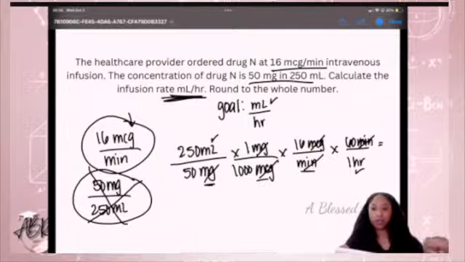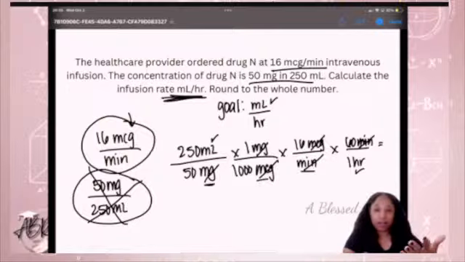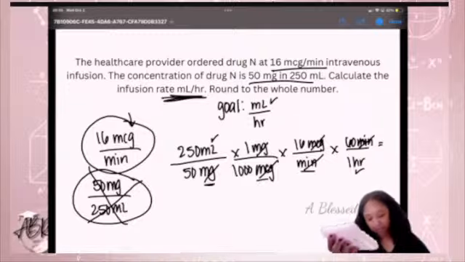It's a big number, right? Boom, all those zeros. All right, and then I'm going to hit divide. So divide 50, divide 1,000. The ones, or the coefficients in front of them, they don't matter, okay? So yeah, equals 4.8 milliliters an hour.